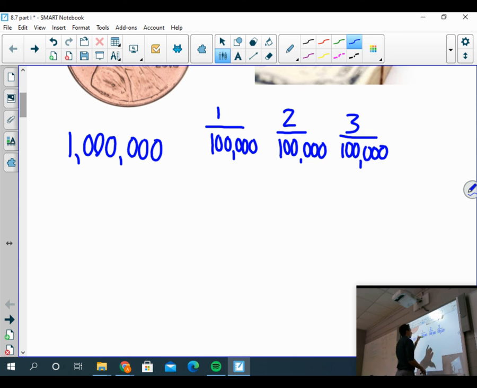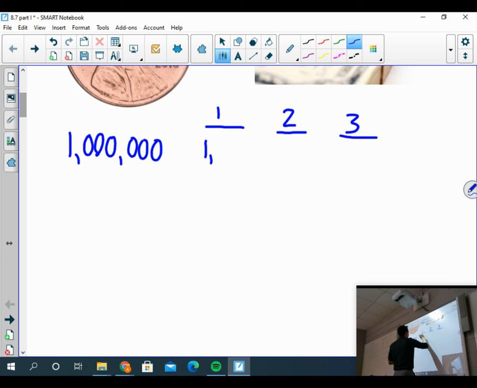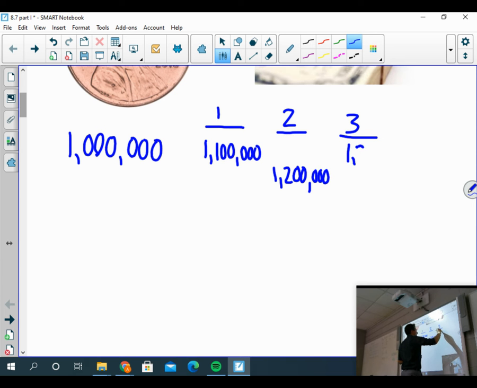That's the amount I'm getting every day. So after day one, I now have $1,100,000. After day two, I now have $1,200,000. Day three, at the end of it, I'm going to have $1,300,000, and so on and so forth.